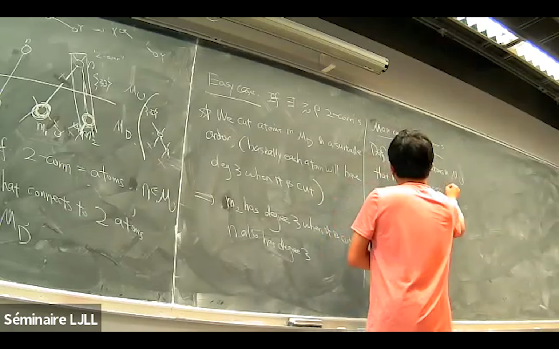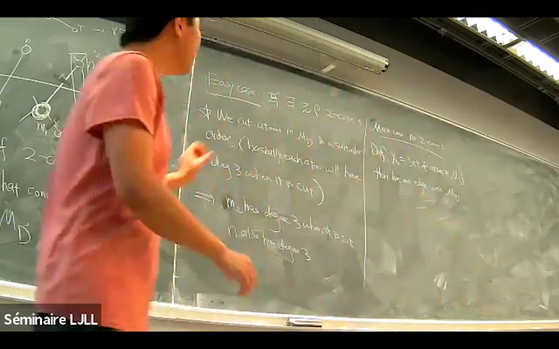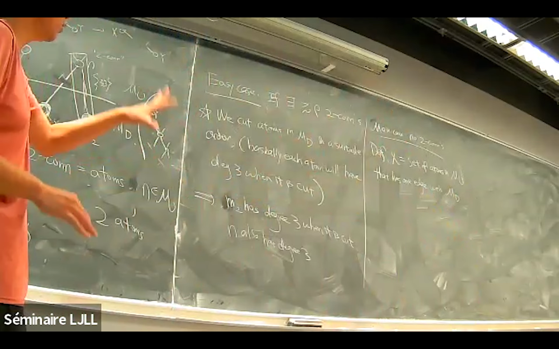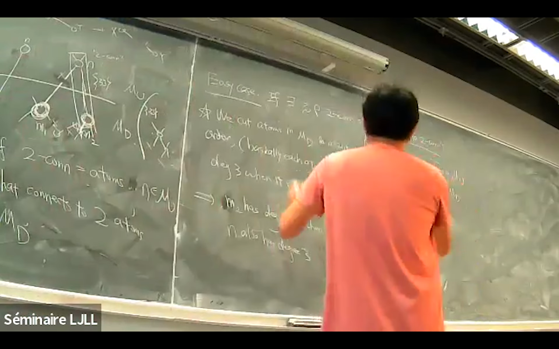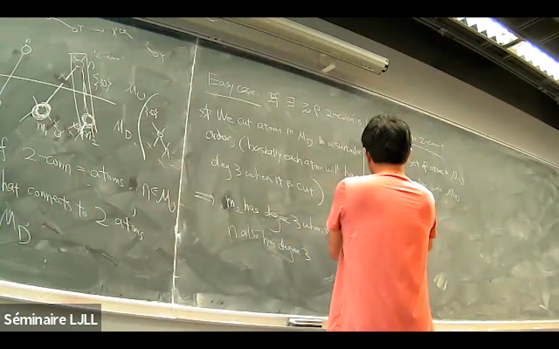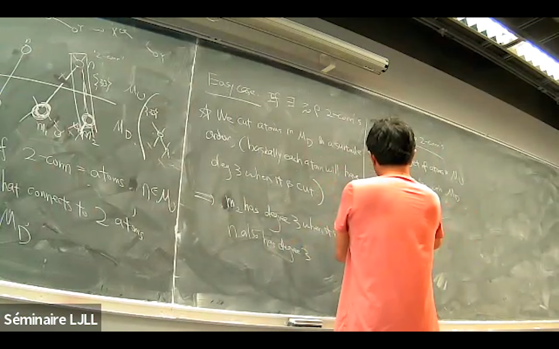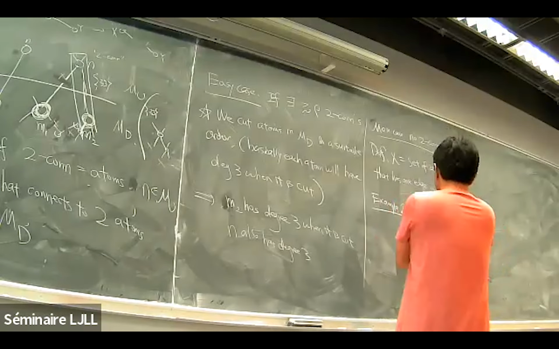One edge with MB. Okay, so let me show you 2 examples. In the 2 examples, we're going to use different strategies, which leads to the dichotomy we're considering. For example 1, let's say example 1 is this.